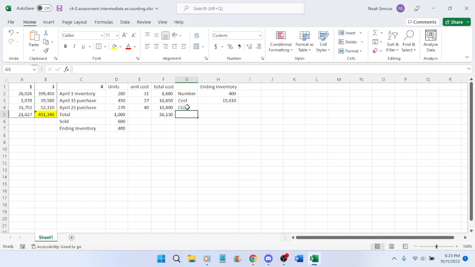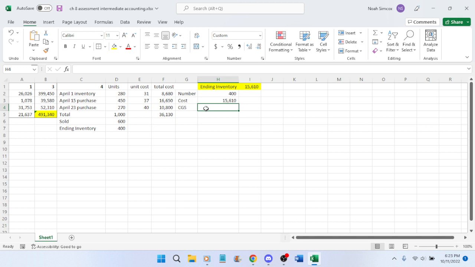Cost of goods sold. This is going to equal to, now they sold 600, so you take the first 600 units there.